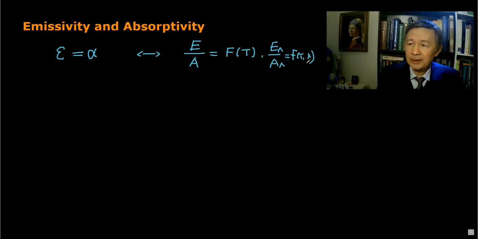So my point here is that this claim is incorrect, because originally Kirchhoff didn't say that the proportionality is unit. Unless this proportionality is unit, we cannot make this claim.